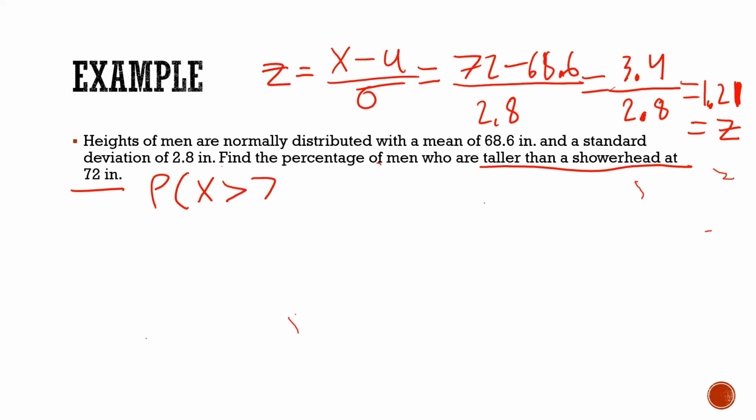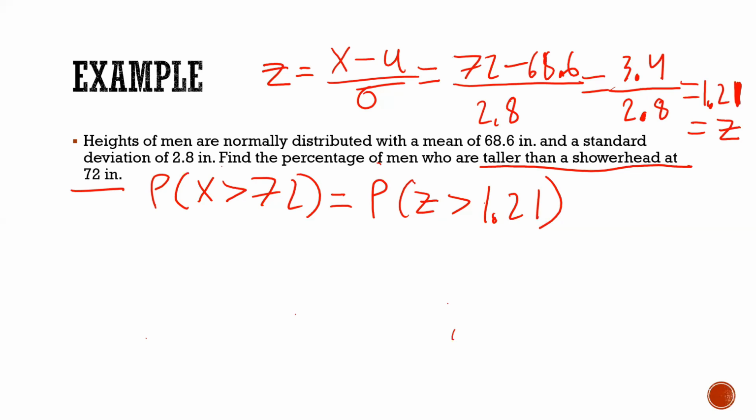That's step one, kind of. We can't use the table with 72 because it's not translated to something that works for the table. So being taller than 72 inches is equivalent to having a z-score that is also larger, because that X and that Z correspond.